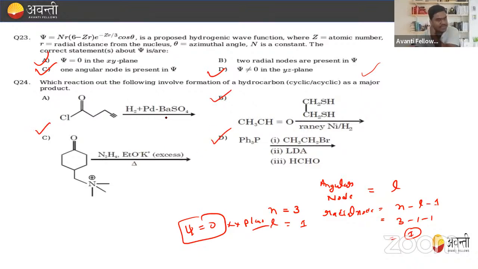In all three of these, because here we'll get an aldehyde, right? This is the Rosenmund reaction. So in Rosenmund we get the aldehyde, right? So in the rest, we will get a hydrocarbon, cyclic or acyclic, as the major product.